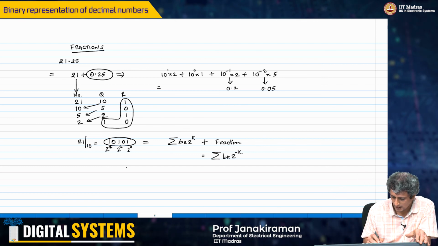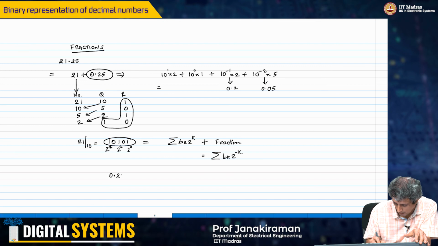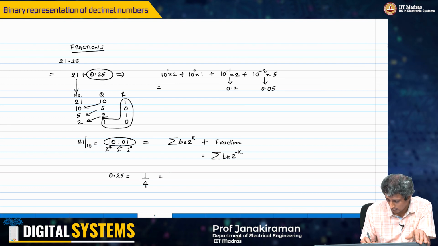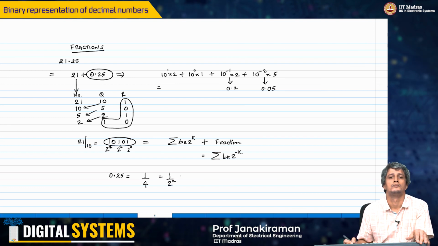So effectively, if you take 0.25, this is basically 1 by 4, which is 1 by 2 power 2.